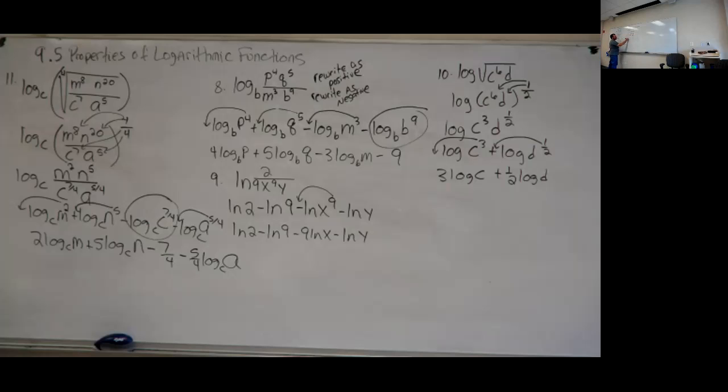Distribute the log out, so you get a log of the 100 divided by the 10. We can simplify that down. 100 divided by 10 is a 10. Technically that'd be the answer, but this simplifies further.